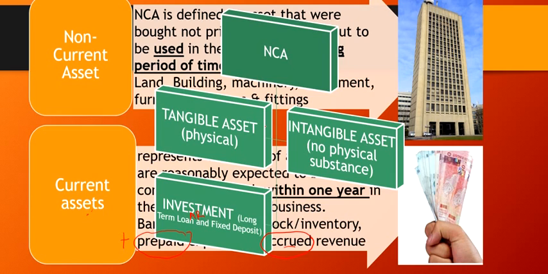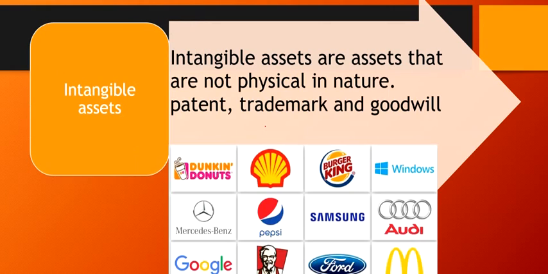Third is the intangible asset. What is intangible asset? Intangible asset are assets that are not physical in nature. For example, patent, trademark and goodwill. You tak boleh nampak pun, you tak boleh sentuh pun dia. It's just a picture, you know.